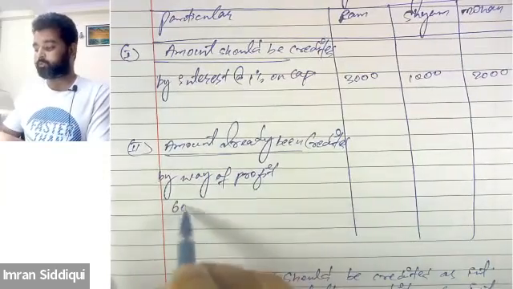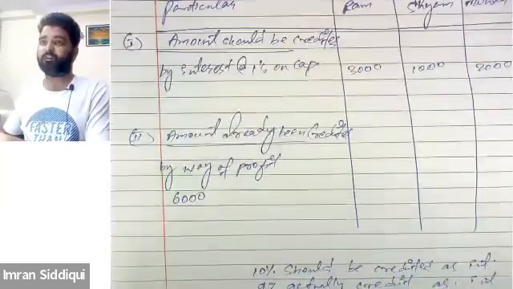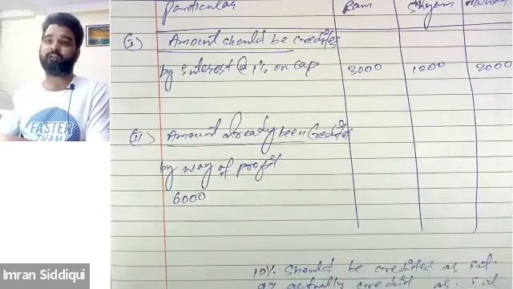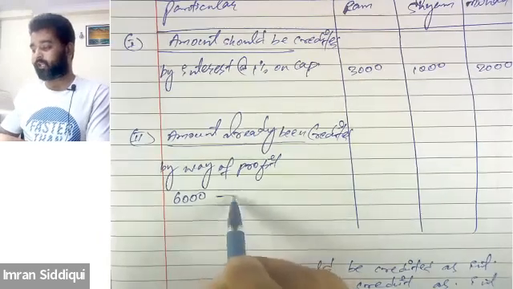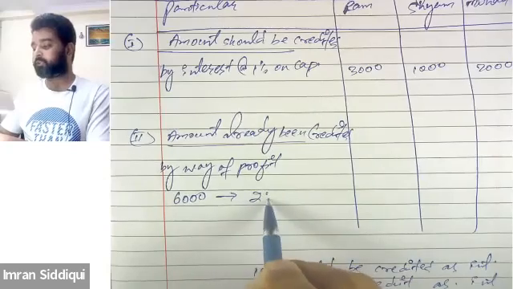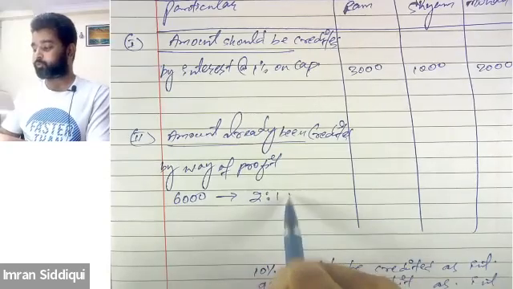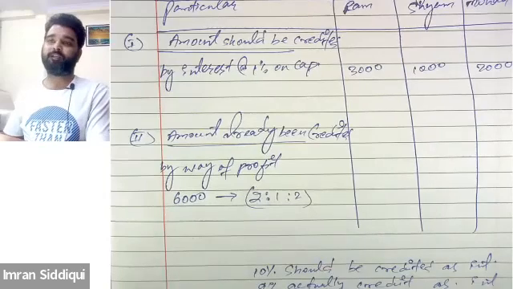So this 6,000 was actually divided among the partners by way of profit instead of giving it as interest. So now let's find out the profit sharing ratio. Their profit sharing ratio is 2:1:2. That means this entire amount must have been divided among the partners in the ratio of 2:1:2. Is that clear, everyone?